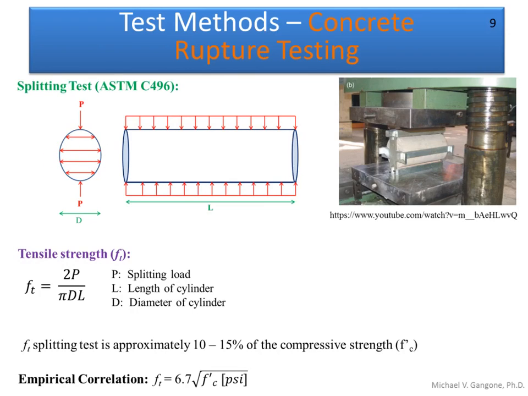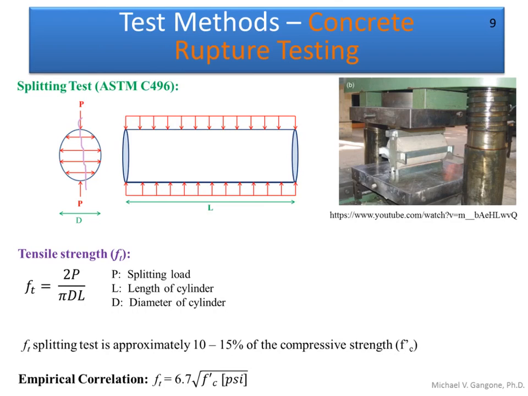Those tensile stresses that are created along the diameter of the cylinder cause the cylinder to split right down the center. Eventually what you'll end up seeing is this thing start to split right down the middle.